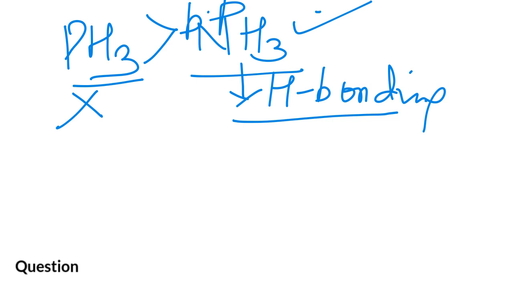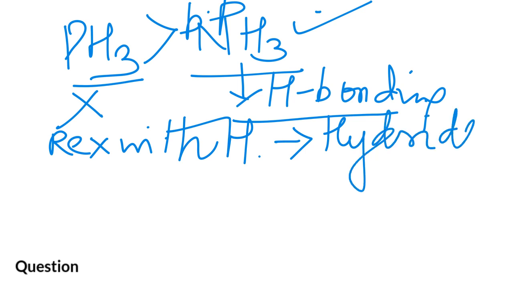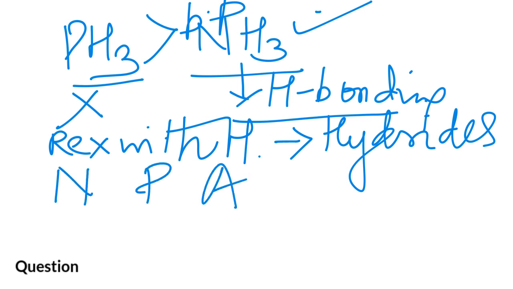now reaction with hydrogen. So what will it form? Hydrides. So the elements N, P, As, Sb, bismuth, these are the elements.